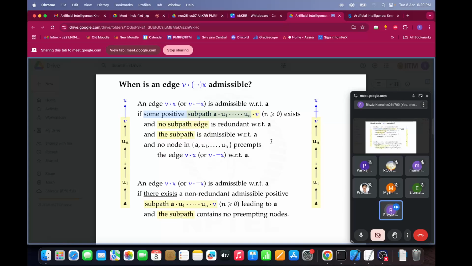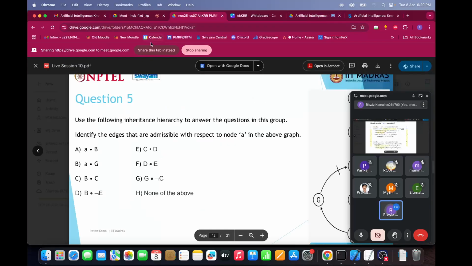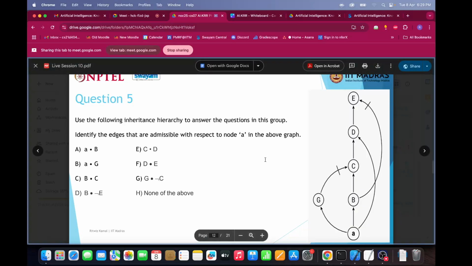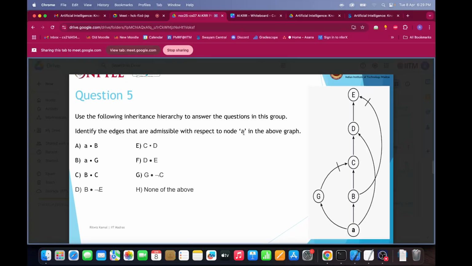These are the four conditions that we have to check in order to know whether an edge is admissible or not. With this in mind, let's come back to the graph that we had, and I'll let you think over this graph for a couple of minutes, and then we can discuss which of these edges are admissible and which are not.